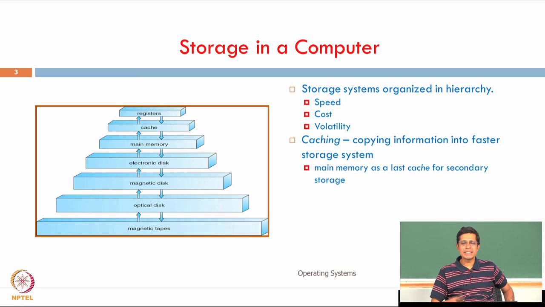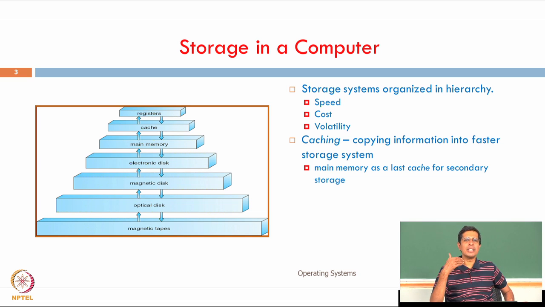What do you mean by this cache memory? Say I am retrieving data from an electronic disk onto the main memory, and I am writing it back. I am retrieving something which I am using quite frequently. So, instead of going to the electronic disk every time, I will take some amount of data and keep it in the main memory and reuse it there, and at a later point of time store it back into the electronic disk.